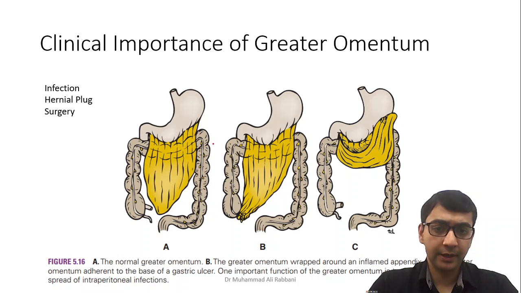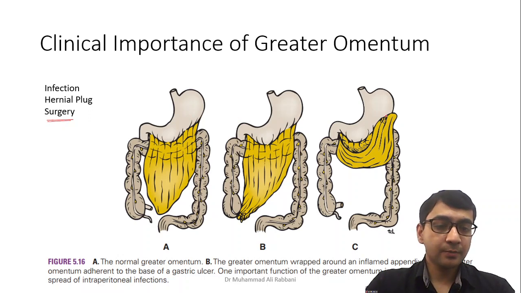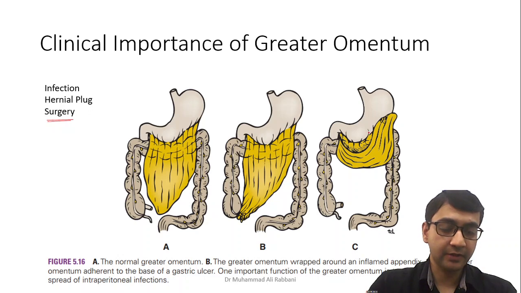Same goes for femoral hernia. Another thing is, it is used frequently in surgery. A very good example is, for example, a person had a perforation. Here this particular picture is actually drawn for the limitation of infection, but I am giving another example.